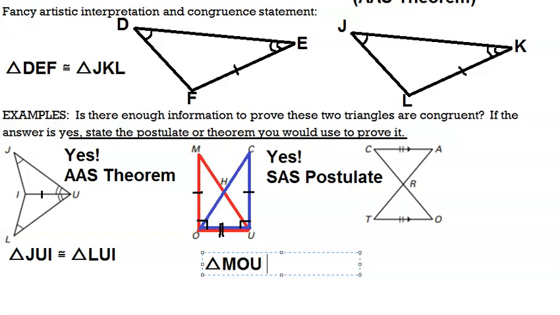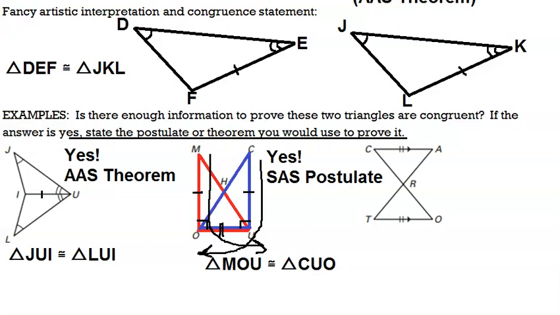I'm going to go MOU, and it is going to be congruent to triangle, and M matches with C. And then if we go straight down to the right angle, it's going to look like that. So the OU and the UO need to be in a different order this time, simply because if you follow along, it should look like this, going this way, and then like this, going this way. So we actually go in a different order with the O and the U.